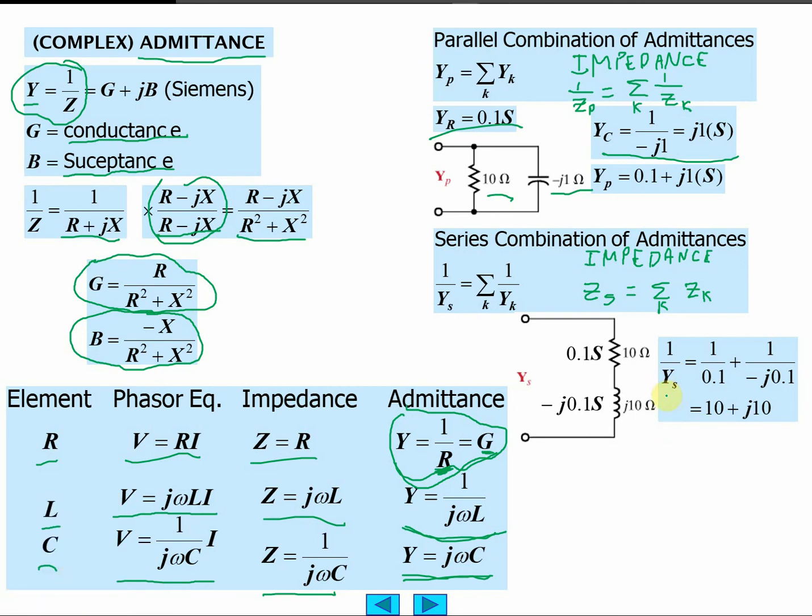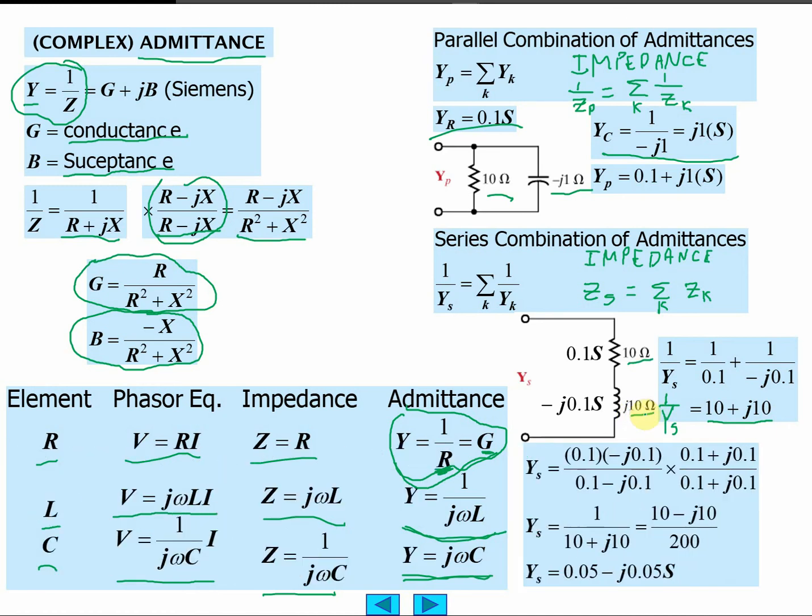Reciprocal impedance, reciprocal admittance is the sum of the two impedances, you'll notice. And then we take the reciprocal of that, crunch a little math, and we get the final result here. Okay.